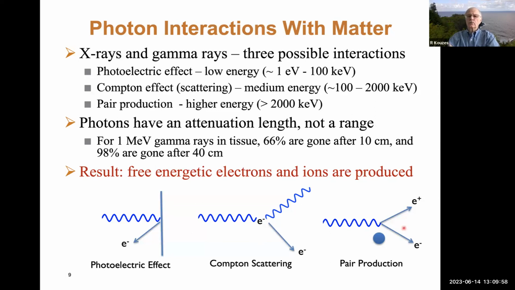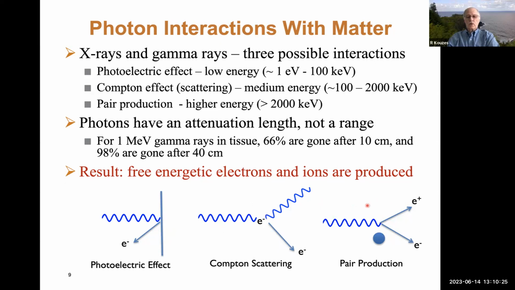And for higher energy photons above about 2 MeV, you can get the pair production process. This is where a photon passing near a nucleus can convert directly into an electron and a positron pair. So this is a good example of Einstein's E equals mc squared, which is another one of the papers he wrote in 1905, but was not what he got the Nobel Prize for.